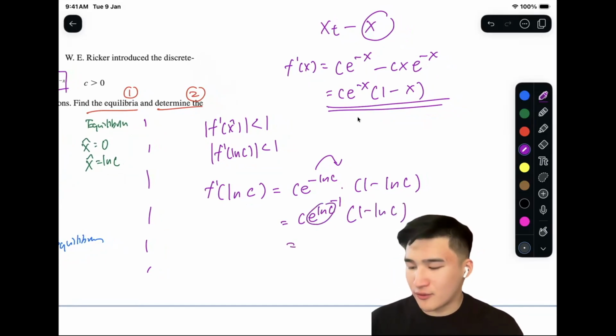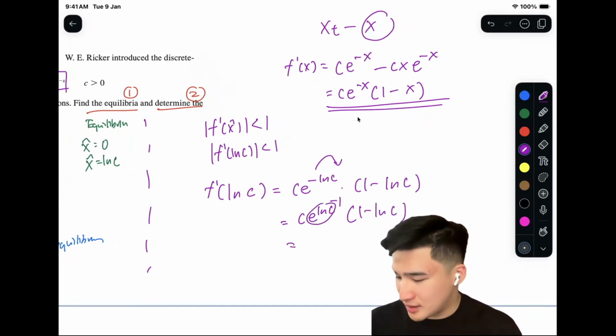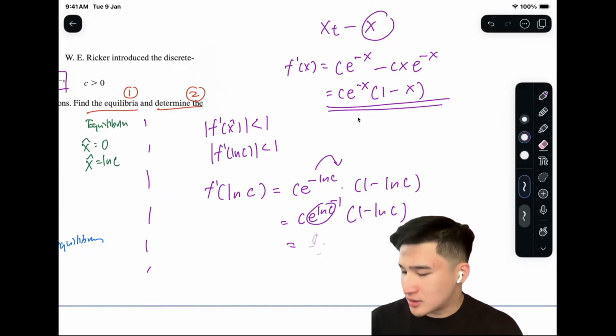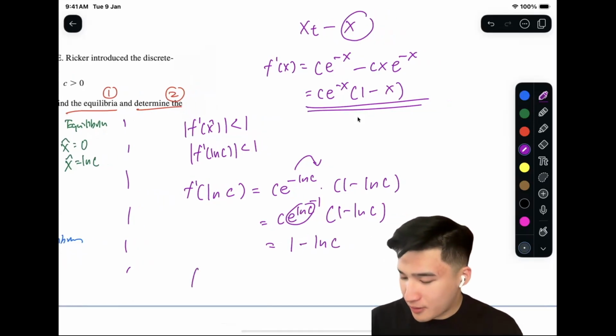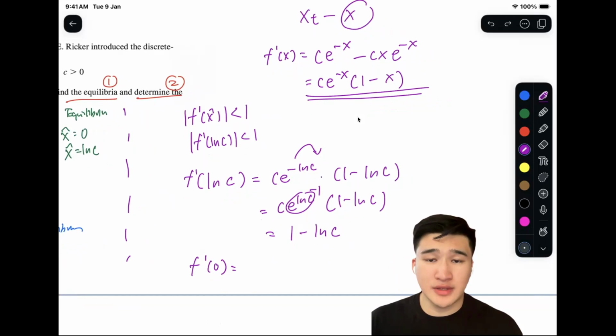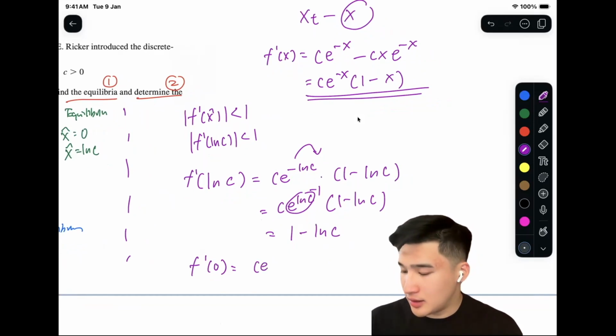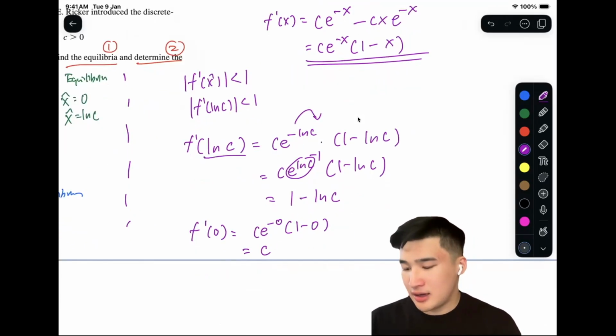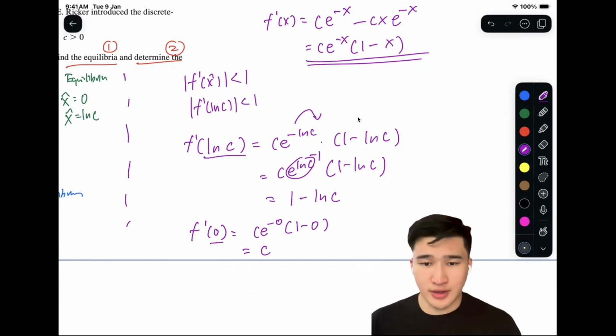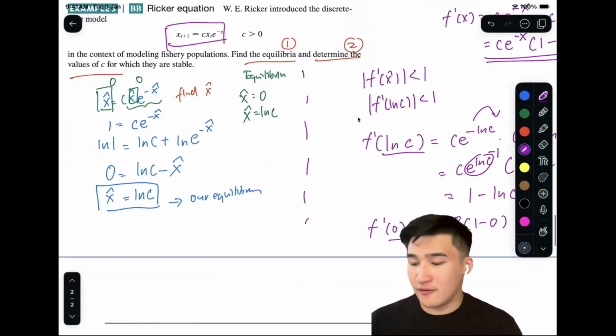Because of the inverse function, it's just c over c, that's 1, and 1 we can forget about. So f prime natural log c is just 1 minus natural log c. And we want to find f prime of 0. So f prime of 0 is just c e to the negative 0 times 1 minus 0, and all that is just c. So we found the slope of the tangent at natural log c and at 0, and they're both equilibria. Now we want to know if they're stable.